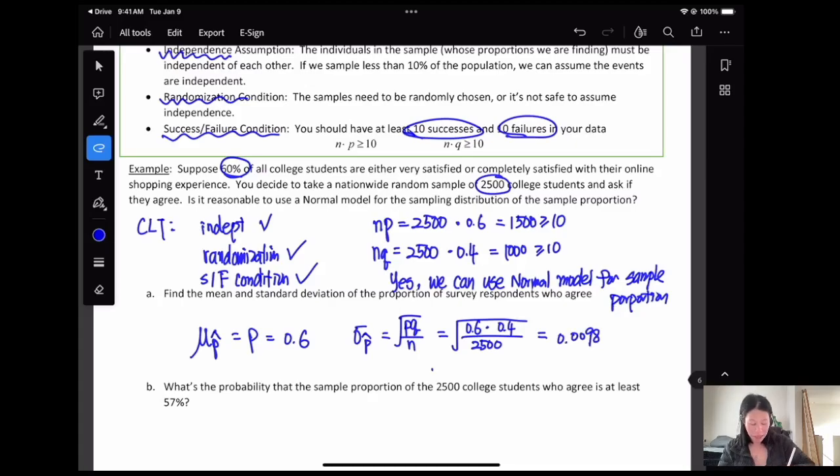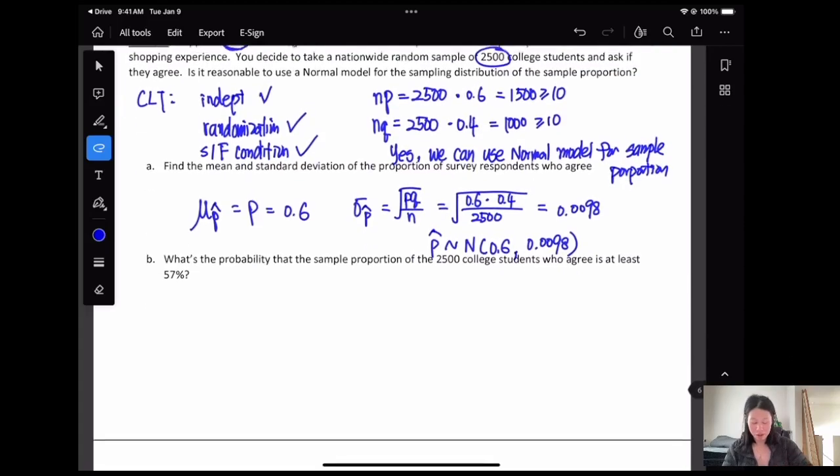So our sample proportion follows a normal distribution with a mean of 0.6 and sigma of 0.0098.